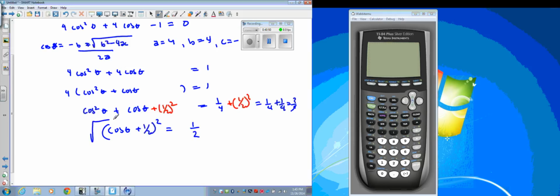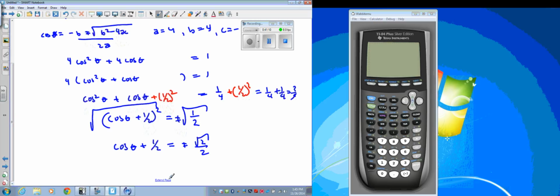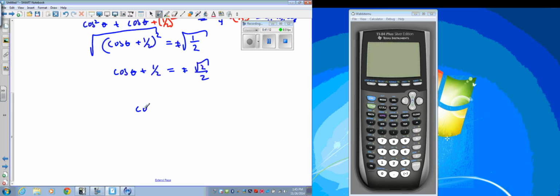Then I take the square root here, plus or minus the square root here. Now, cosine theta plus 1/2 equals, and this is technically what? Square root of 2/2, plus or minus.